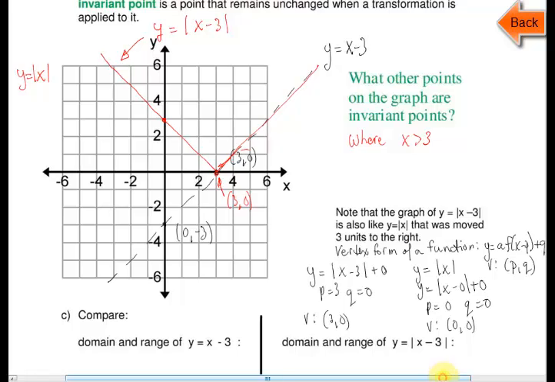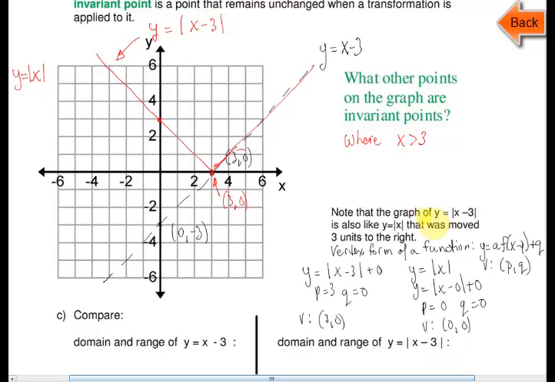Okay, another question, or actually something that I'd like you to notice. Note that the graph of y equals the absolute value of x minus 3 is also like y equals the absolute value of x. And what that means is they have the same shape. Okay, so if I graph in y equals absolute value of x, we would get this graph.